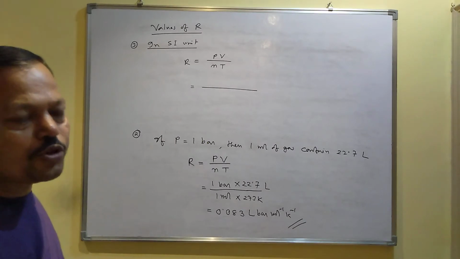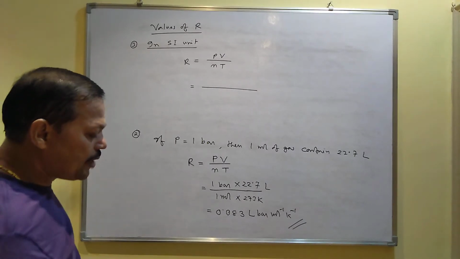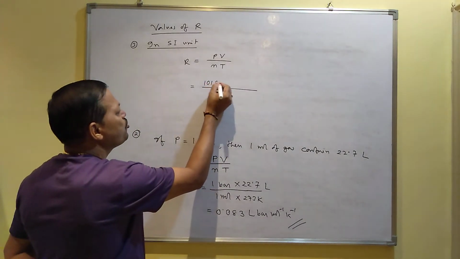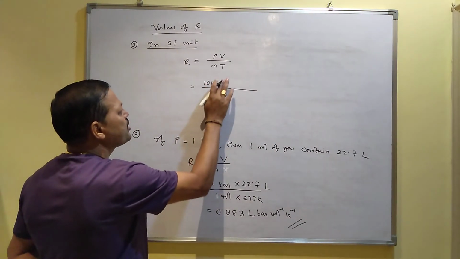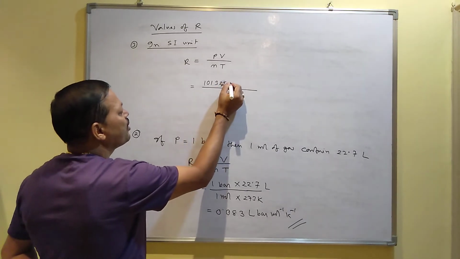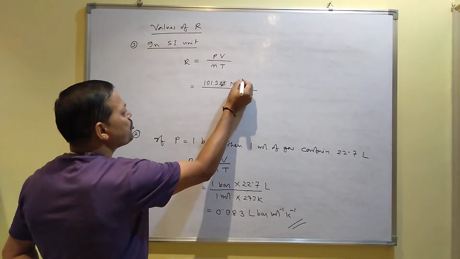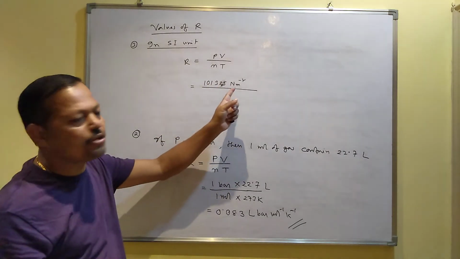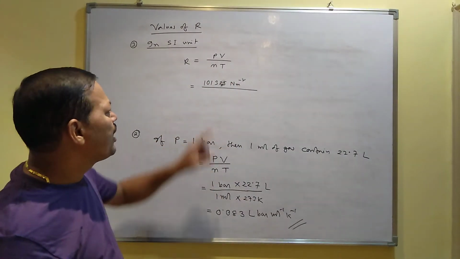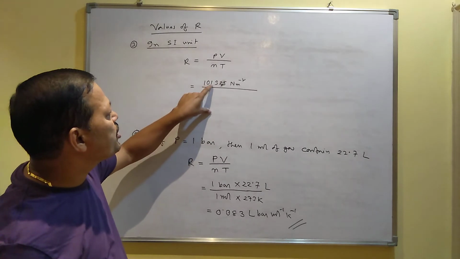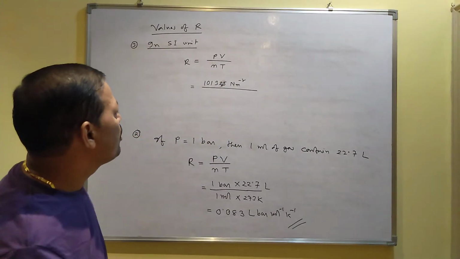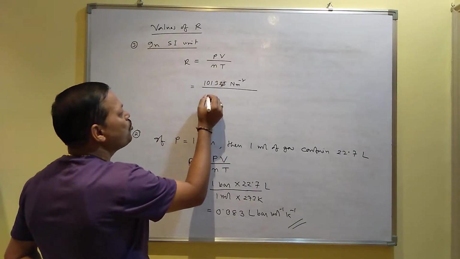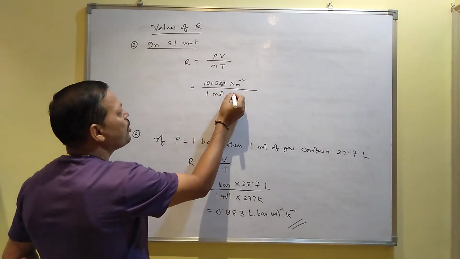Do you know 1 atmosphere means how much Pascal? 1 atmosphere is 101,325 Pascal, I mean Newton per meter square. Pascal means Newton per meter square, so you can write either, and this you can also write as 1.01 into 10 to the power 5 Pascal. The number of moles remains the same, 1 mole.